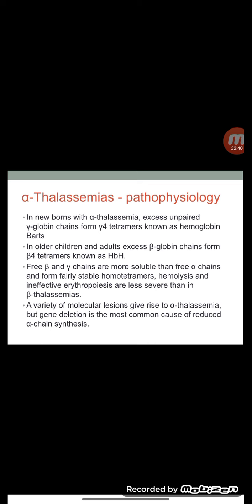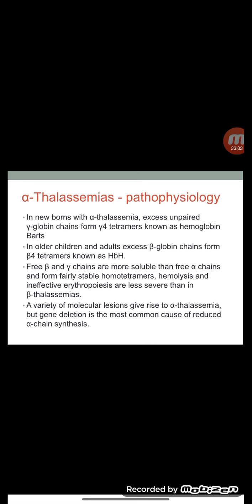In newborns with alpha thalassemia, excess unpaired gamma globin chains form gamma tetramers known as hemoglobin Barts. In older children and adults, excess beta globin chains form beta 4 tetramers known as HbH. Free beta and gamma chains are more soluble than free alpha chains and form fairly stable homotetramers.